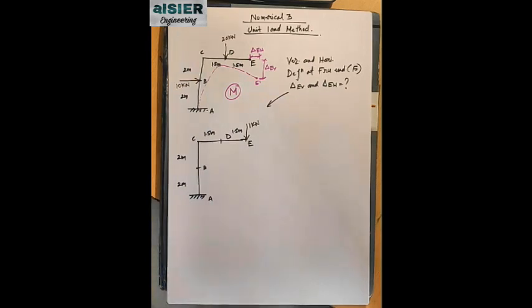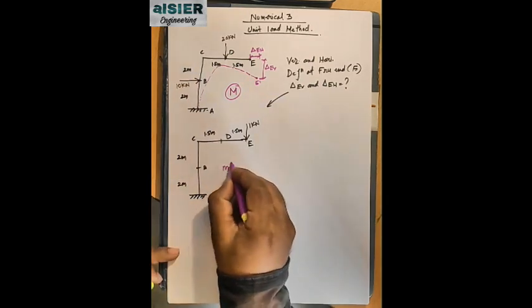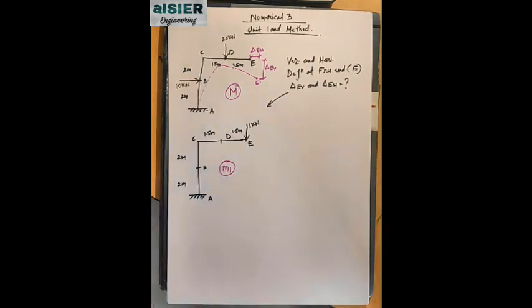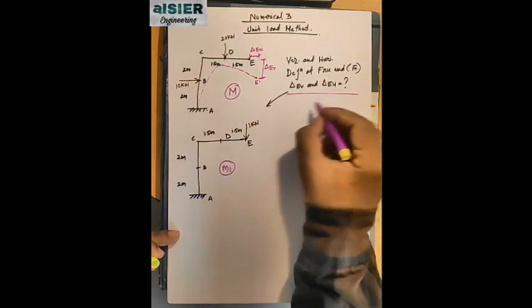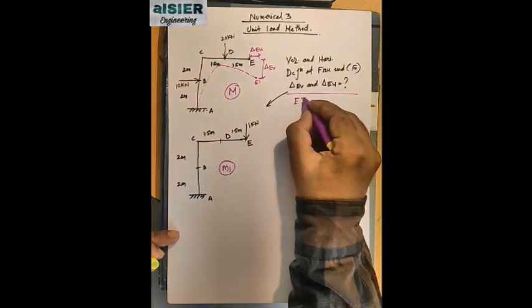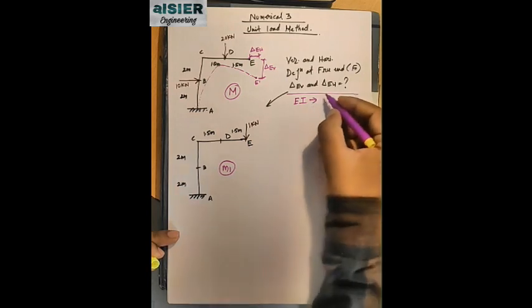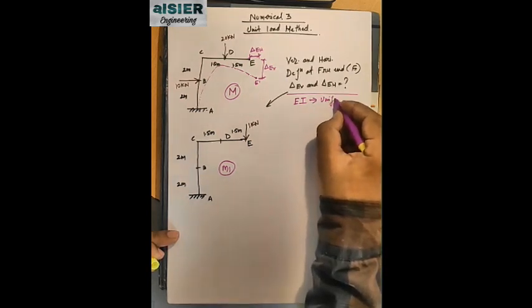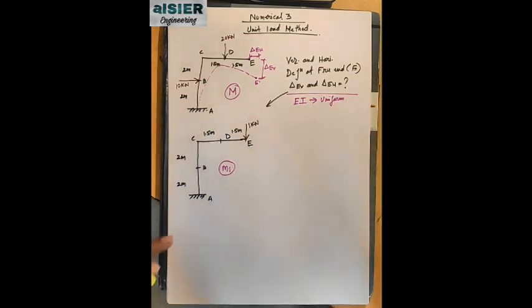Again, one thing is given, that value of E and I, means flexural rigidity, is uniform throughout the frame. So this is M1 diagram.